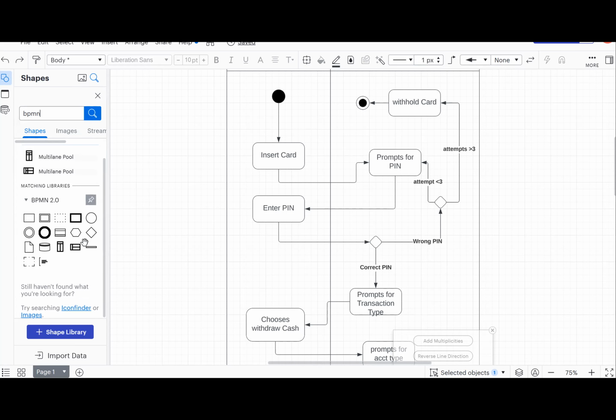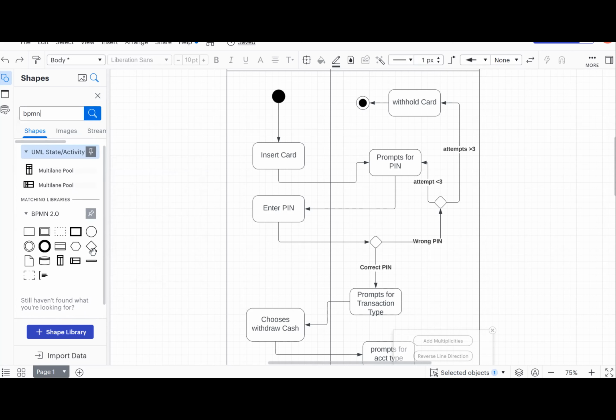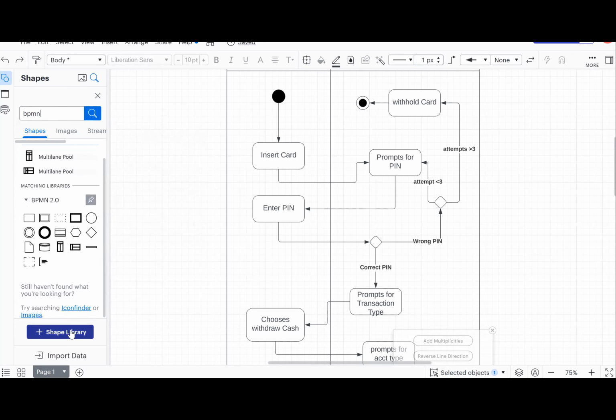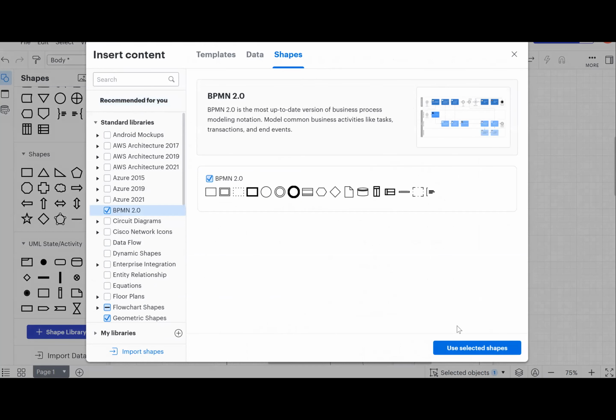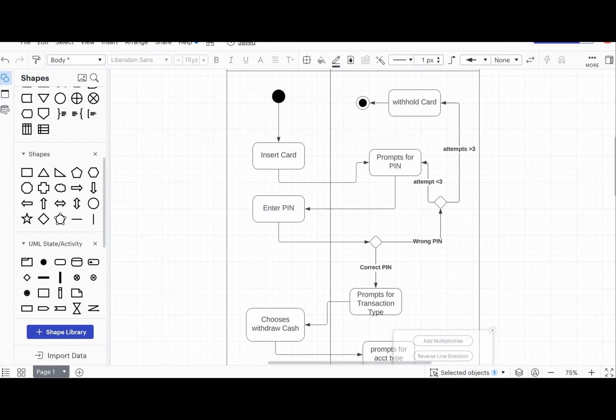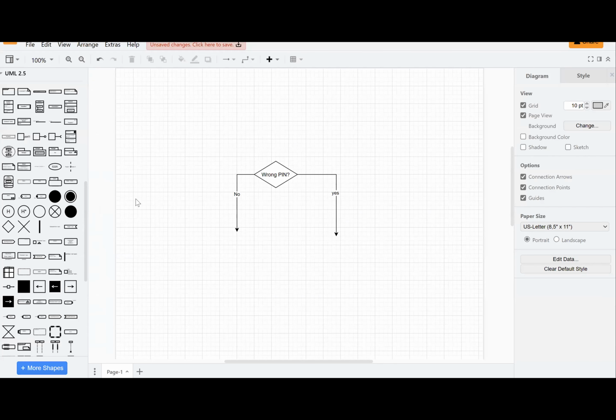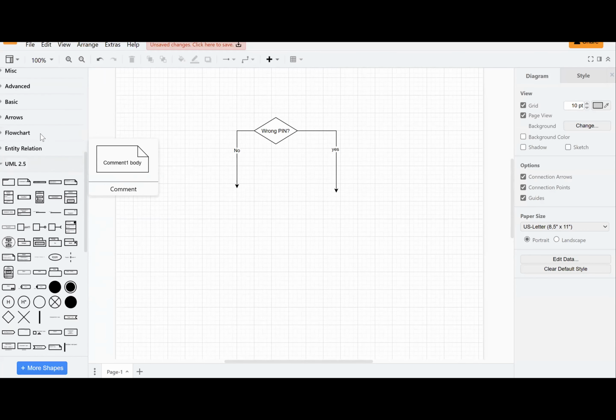So this is BPMN. Tasks. Okay, so I won't take you through this.